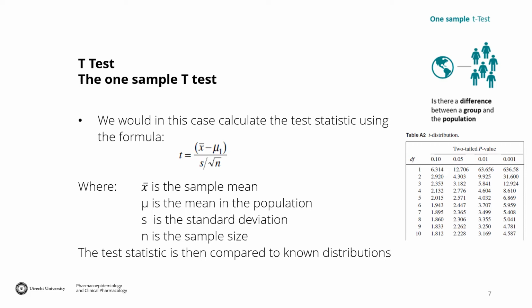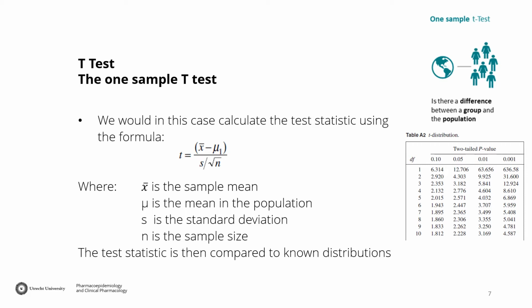For the t-test specifically, that will be the t distribution that we compare to, and that is one that you can find in the Medical Statistics at a Glance book. In table A2, there's a t distribution table where in the first column they have degrees of freedom. That's the sample size minus 1.